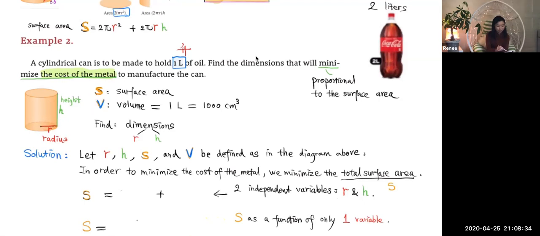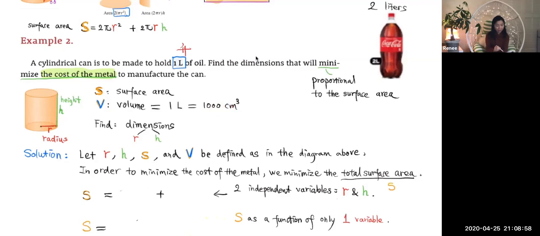I indicate the radius of the base to be r and the height to be h. For the surface area, I use S, and for the volume of this can I use V. In this case, it's 1,000 cubic centimeters.